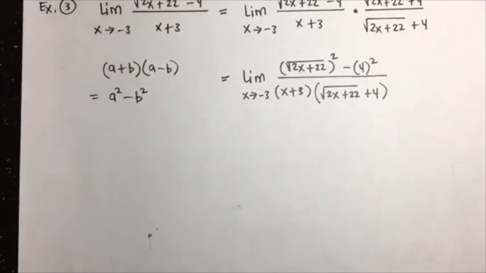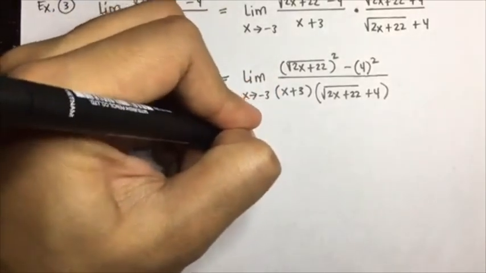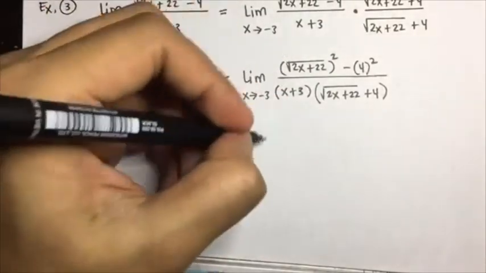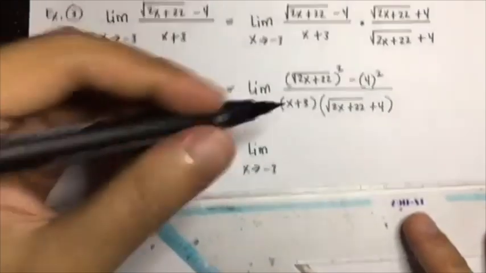Next, we can simplify the numerator. If we haven't substituted the limit yet, we still write the notation for the limit.